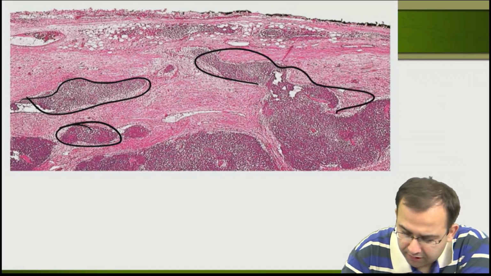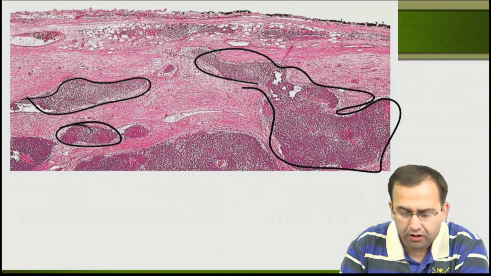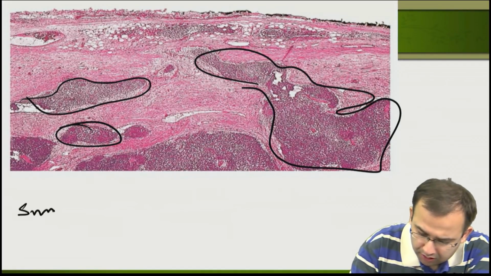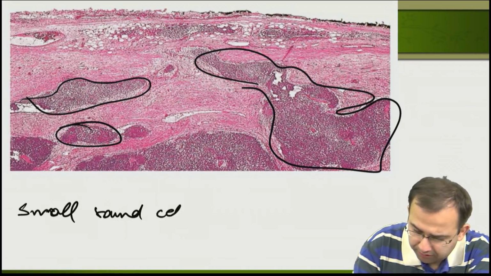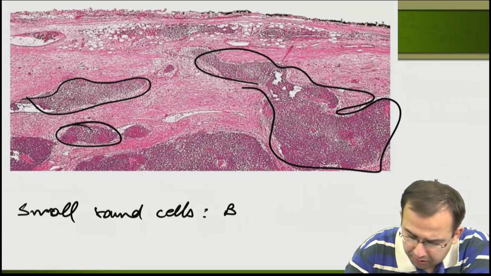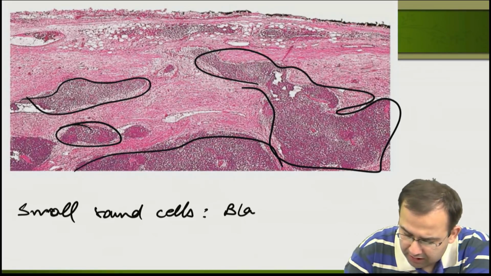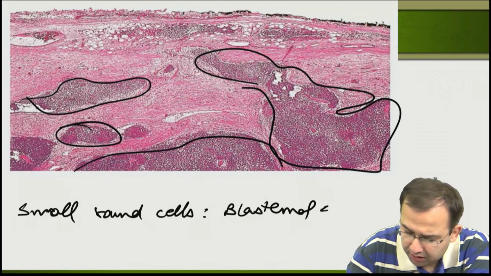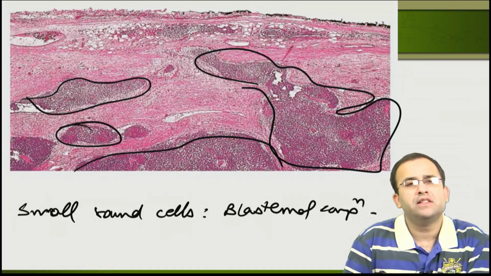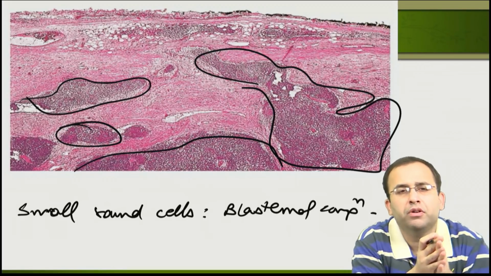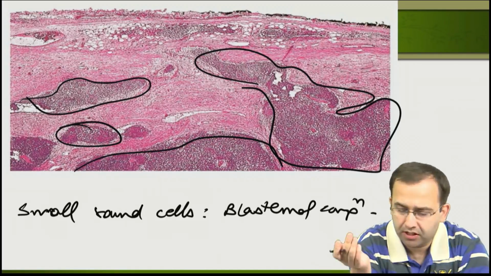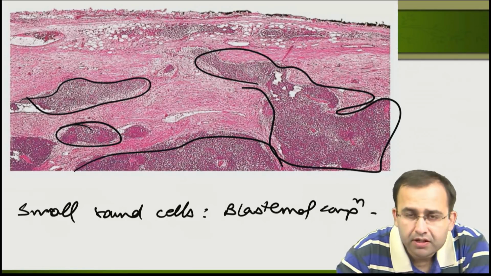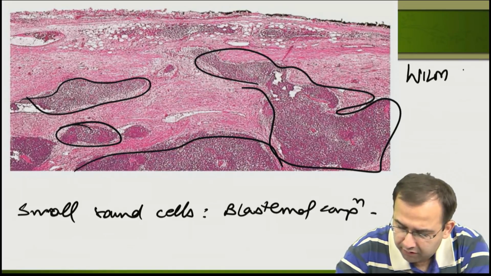All these are the small round cells, that is the blastemal component. So this is a tumor with very varied morphology: epithelial, stromal and blastemal component. So the diagnosis: Wilms tumor.